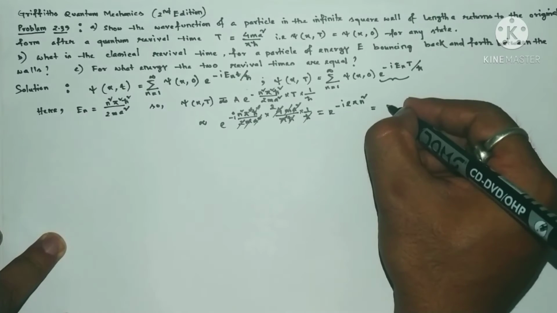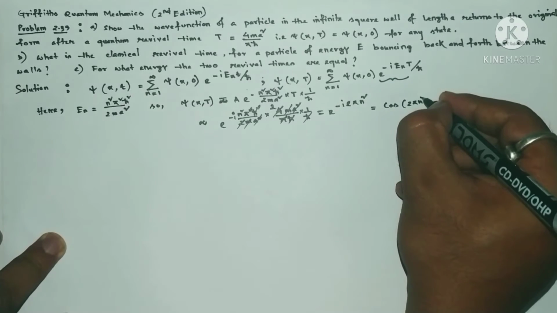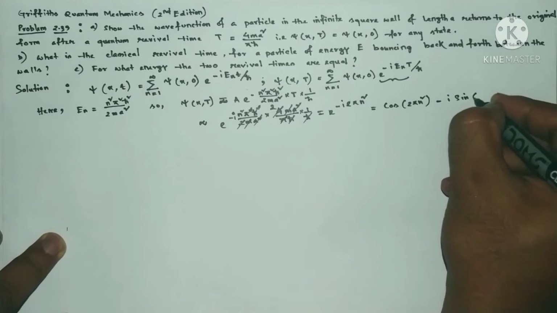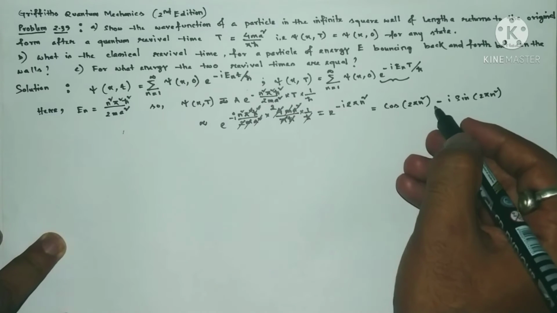So we can write it as cos of 2πn² minus i sine of 2πn². Here n² is an integer, right?